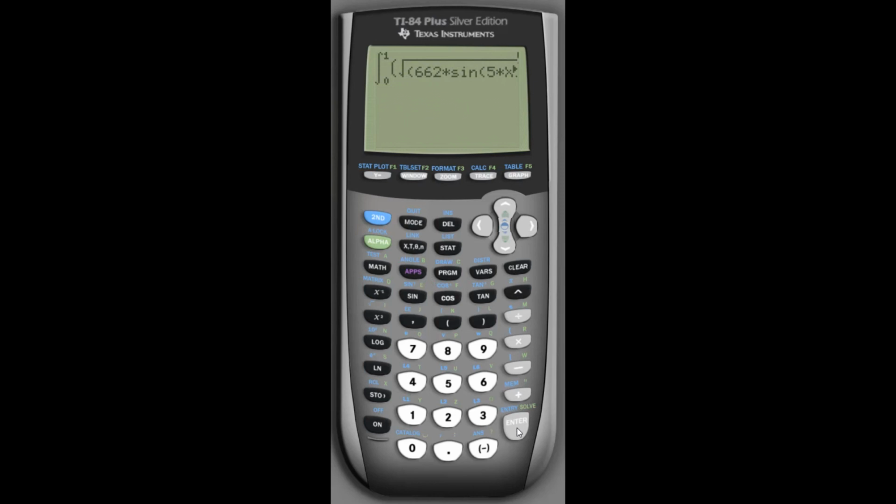Let's calculate that. And we see that the total distance traveled by the boat over this time interval from 0 to 1 hour is 757.456 meters. Thank you, and I will see you in the next video.